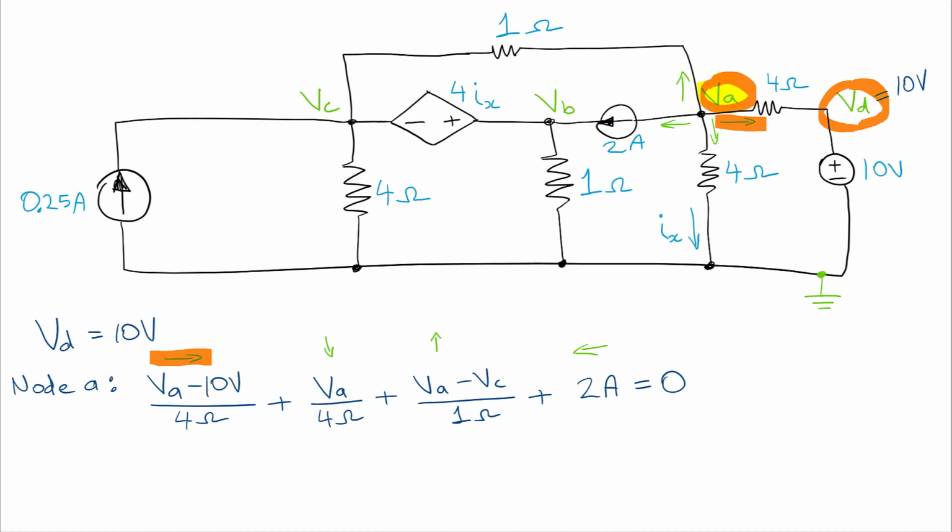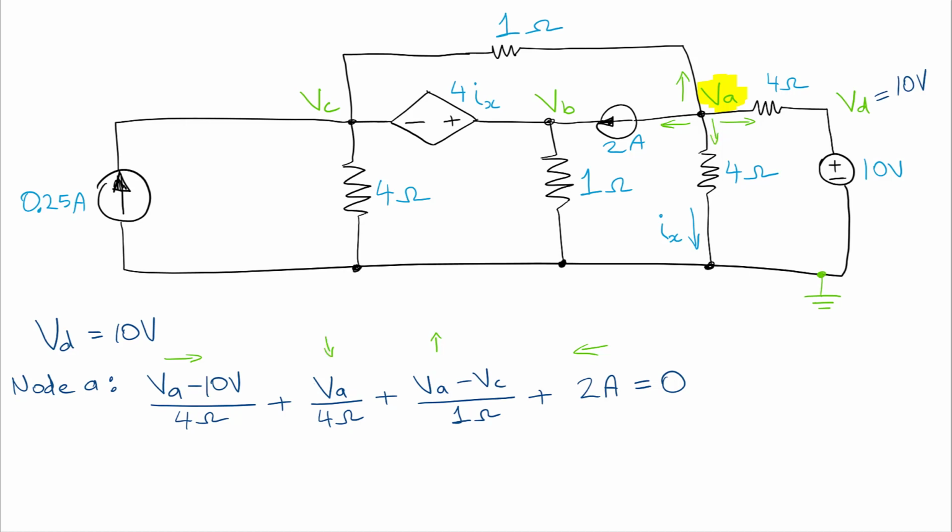Then we have the current flowing down, that's this term, and it's simply VA over 4 ohms. That's because we have VA on one end of the resistor and the ground reference node at the other end, so that one's also fairly straightforward.